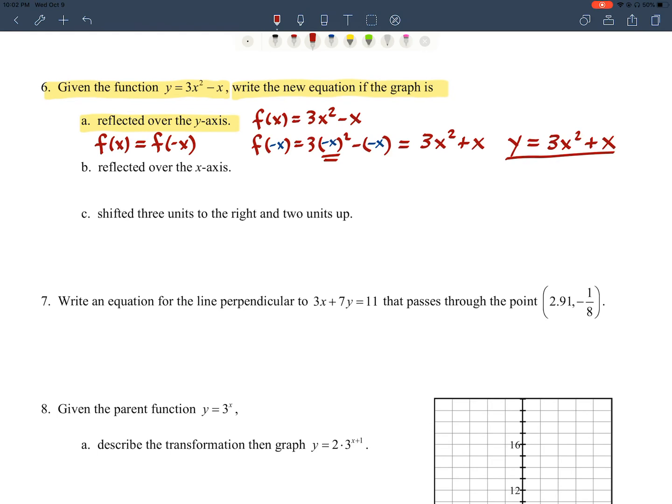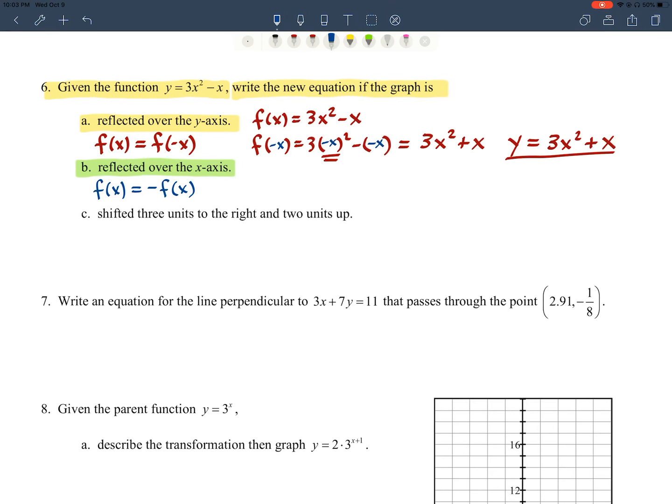For the second one, it says that it's reflected over the x-axis. So when we look at that one here, and I'll change the colors there, remember we say that f of x is going to equal the opposite, or negative f of x, right? We're going to flip our y coordinates.